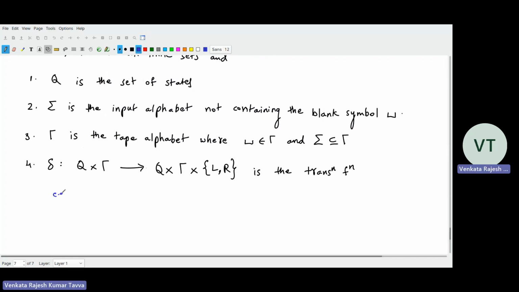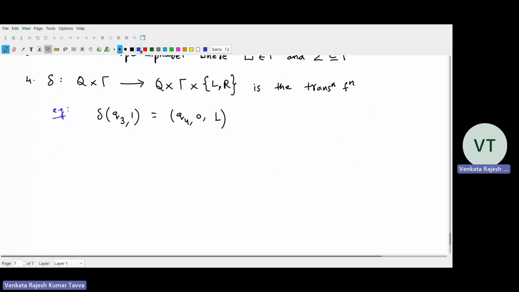So for instance, if I take this example, delta of Q3, 1 equal to say Q4, 0, L. So what is this saying? This is coming from Q. This is coming from gamma. Why gamma? Because we may have transitions including blank also.